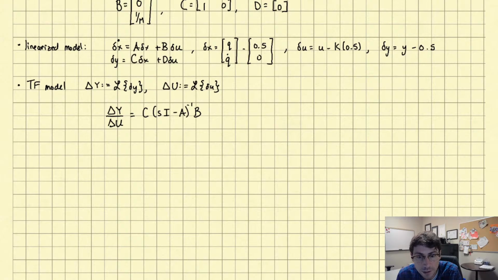I don't know if that's the question exactly. Everywhere, the only symbol I've used here with delta is delta u. Delta. We use a different color.